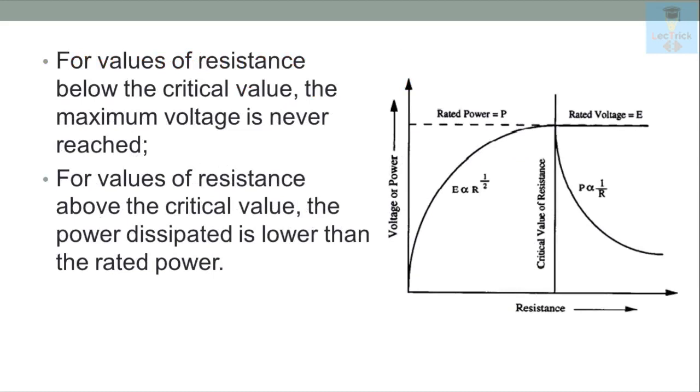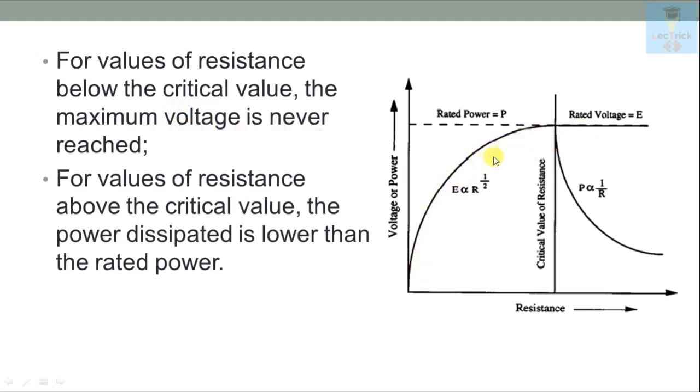For values of resistance below the critical value, the x-axis is the resistance and the y-axis is voltage or power. This is the critical value of resistance, at which you will get rated voltage and rated power. Below the critical value of resistance, the maximum voltage, which is the rated voltage, is never reached.